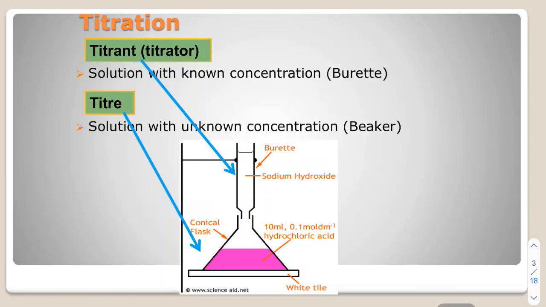Sometimes they are opposite. For example, in this figure, our titrant is the sodium hydroxide and the titer is the HCl. The titer is the one in the beaker. So this is the setup of the titration.